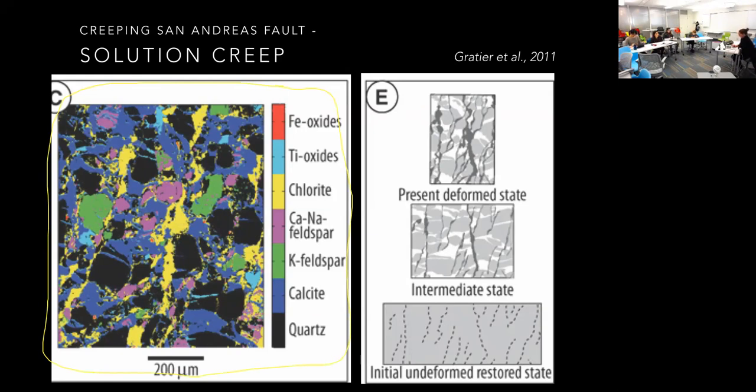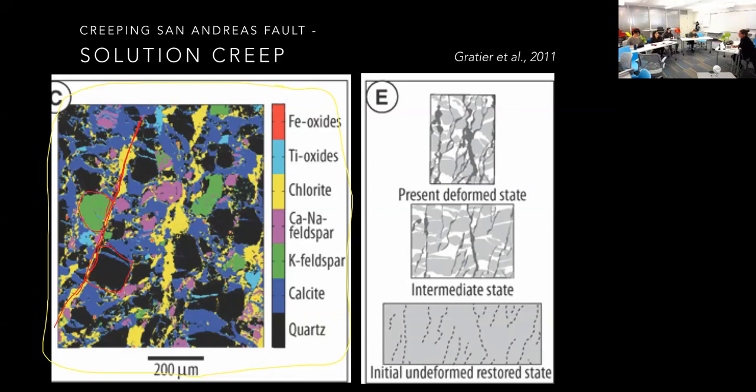So they've turned this into a mineral map from what was probably an SEM map. And what we have here is these bands of chlorite, which is a relatively insoluble mineral, that seem to be cutting off even things like this big quartz grain here, and maybe things like this K feldspar grain.